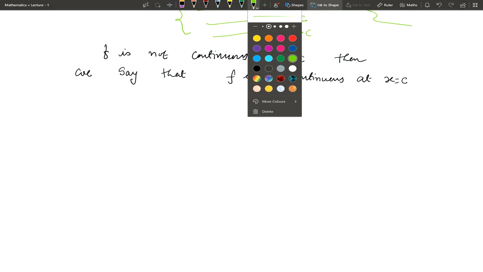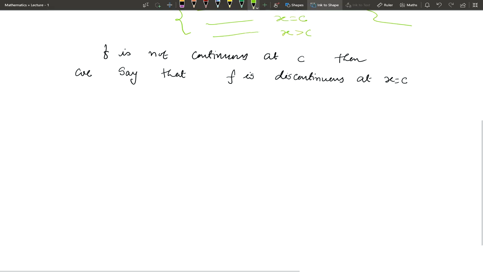So we say that function is discontinuous if it is not continuous at x equal to c.